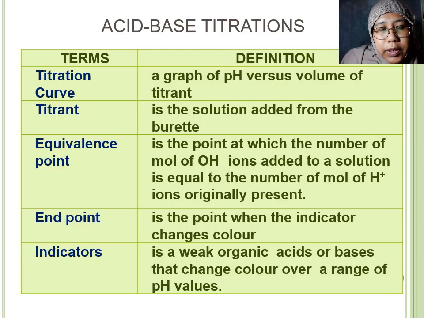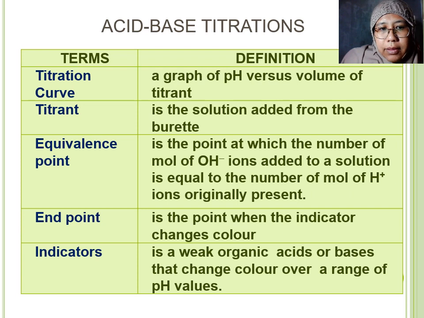There are a few terms that we need to know regarding acid-base titrations. Titration curve is a graph of pH versus volume of the titrant in the burette. The titrant is the solution that we add into the conical flask from the burette. The equivalence point is the point at which the number of moles of hydroxide ions added to a solution is equal to the number of moles of hydrogen ions originally present.